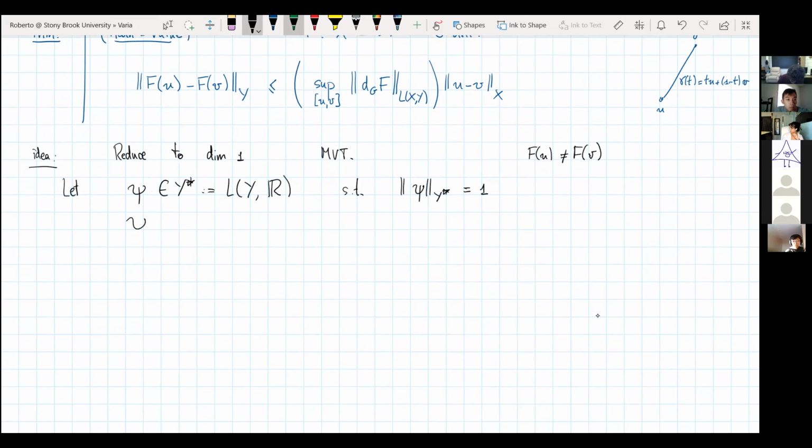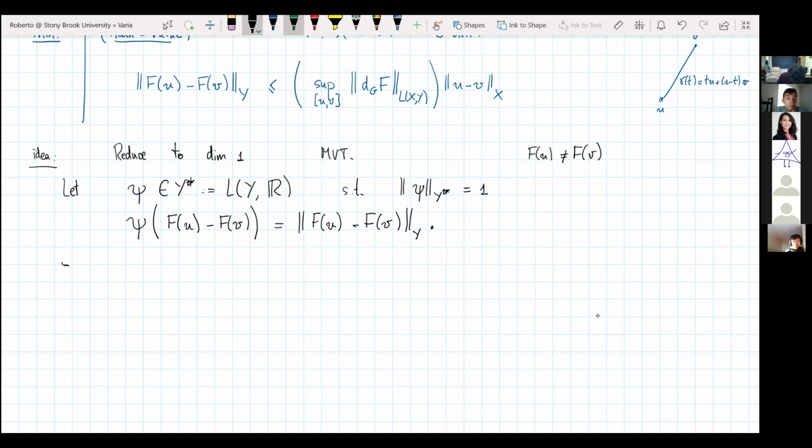And when we apply psi to f of u minus f of v, this is the norm of f of u minus f of v. This is a non-trivial fact that's coming from Hahn-Banach theorem, which is a fundamental theorem in functional analysis. So there is some work to be done here, but it's actually a fundamental fact.